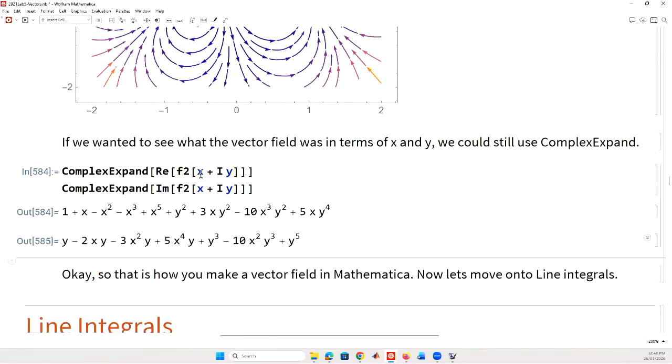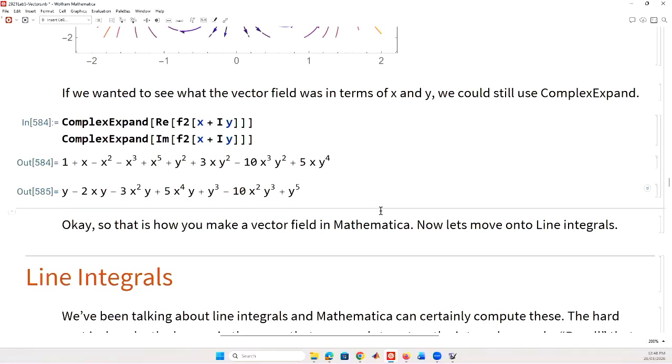And you can even, because Mathematica is fun, look at what the real and imaginary part are. And if you wanted a challenge, you could probably try and construct f and g from those. I wouldn't recommend it, but it's something you could do if you have a spare 20 minutes.